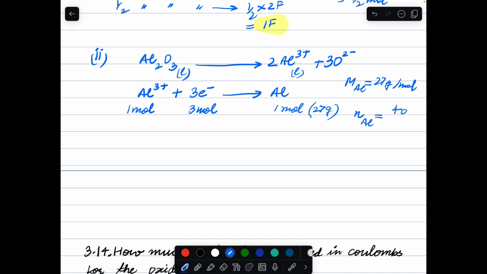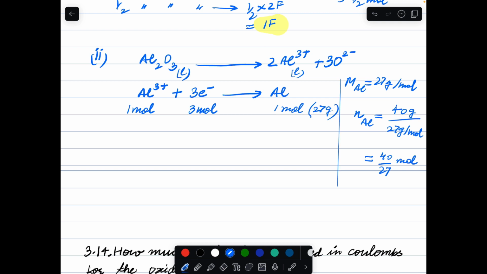Mass is given as 40 gram, molecular mass is 27 grams per mole. So you will get n as 40 by 27 moles. We will not simplify here, we will do it later. This is the number of moles. We will separate this calculation.